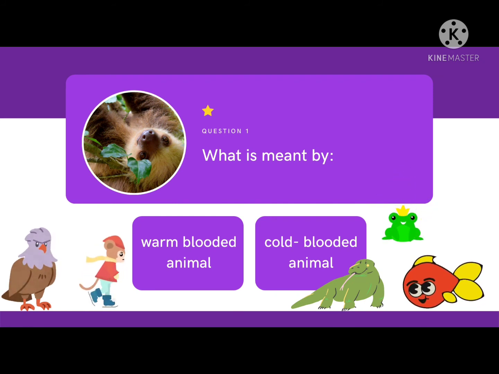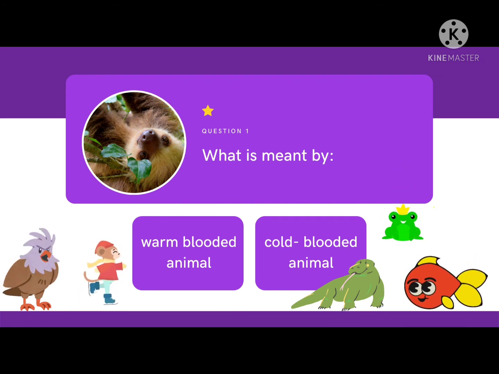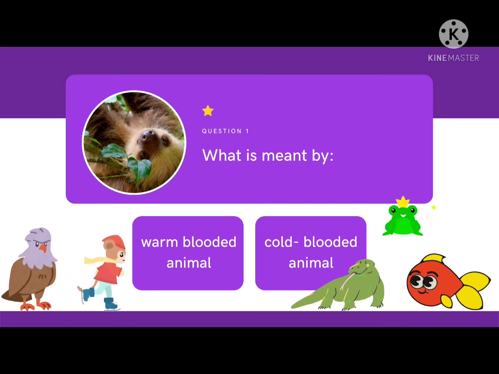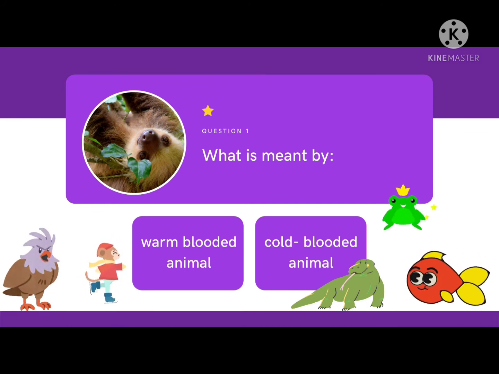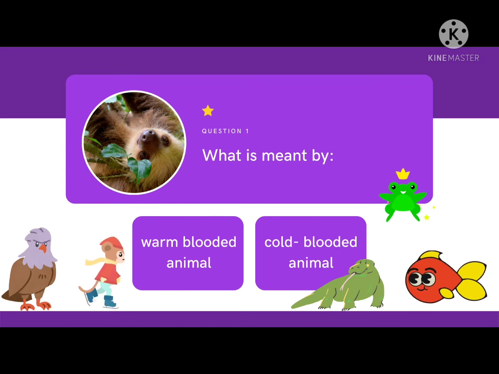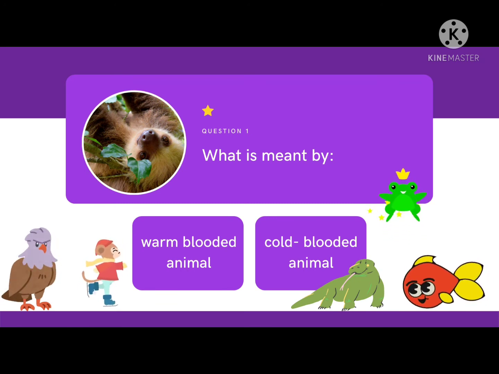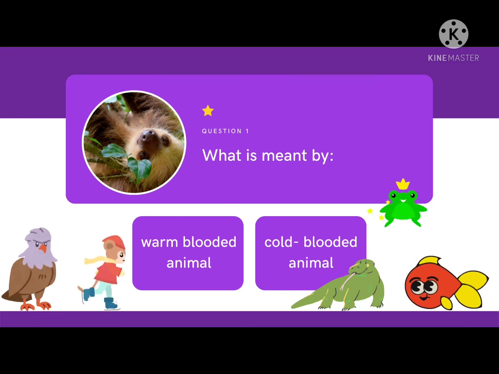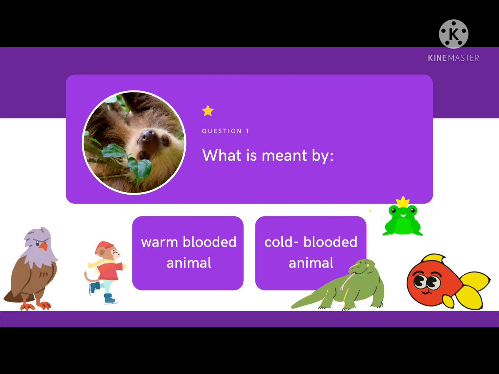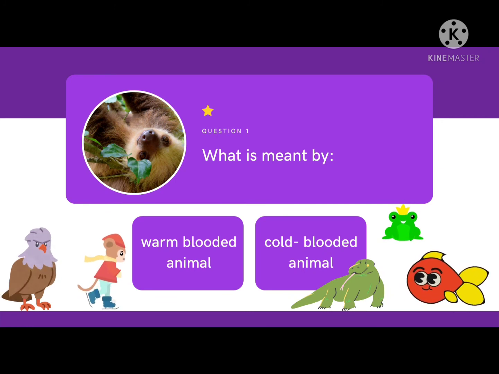And then cold-blooded animals take on the temperature of their surroundings. They are hot when their environment is hot and cold when their environment is cold. For example, amphibians, reptiles, and fish.